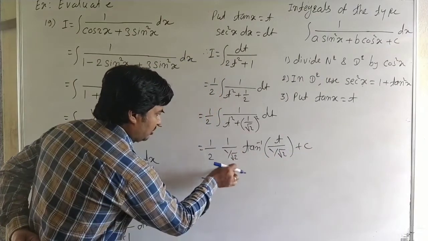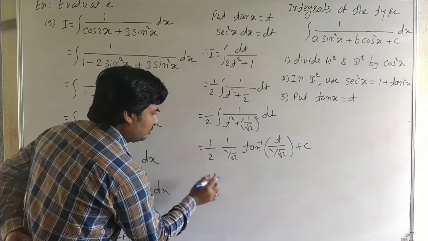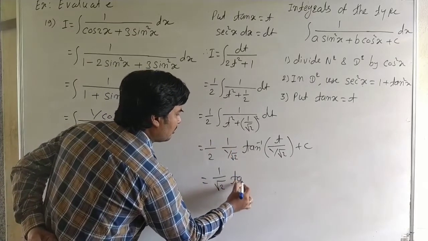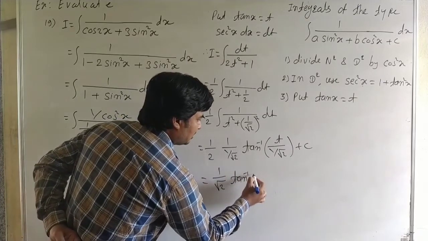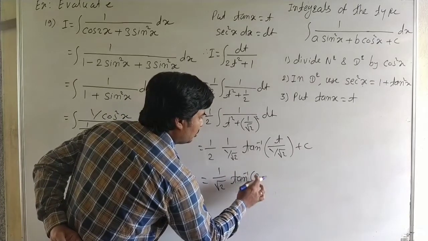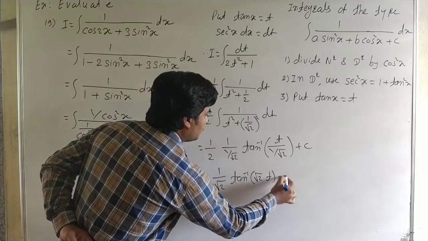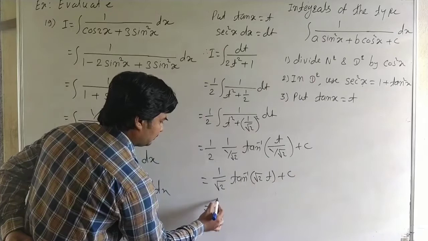Then the 2 becomes 2 in the numerator and these 2 cancel, it is only root 2 tan inverse of root 2 t plus c.